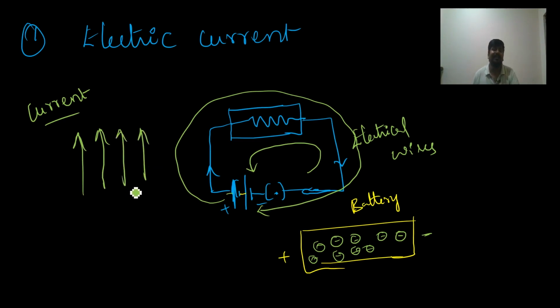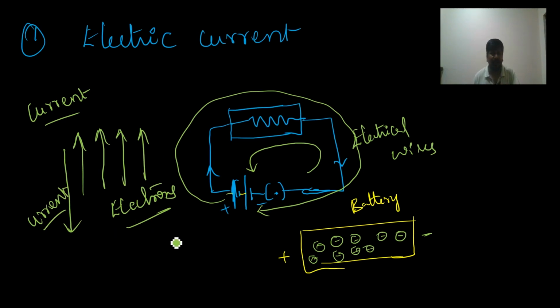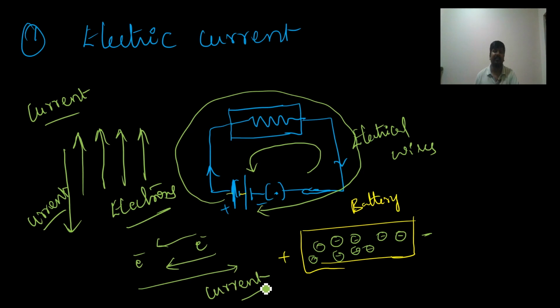So we can take the direction of the current opposite to the electron flow. That will be considered as the current. I hope you got it. Suppose electrons are moving like this, we have to take the current opposite to the electron flow. That is the direction of current.